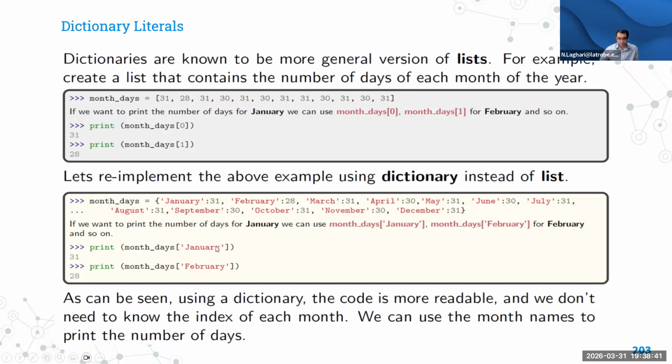Okay, so this will give us the value regarding January. And when we say month days February, we have mentioned the key, and the value would be returned from that. Like we were using indices in lists, here we mention keys.